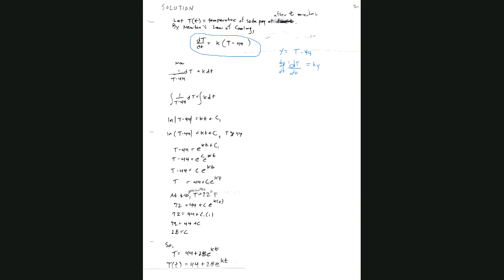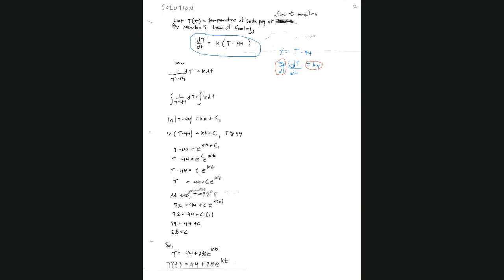So they can rewrite the differential equation as dy/dt equals k times y. And then they proceed on with the problem solving for y. And then once you solve for y, you go back and substitute T minus 44 for y. And that's okay to do the problem that way.